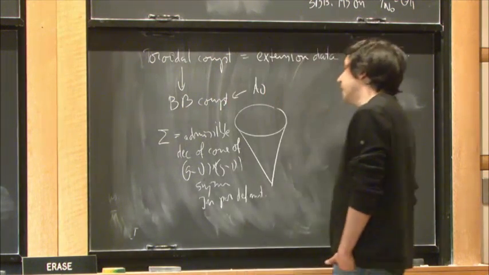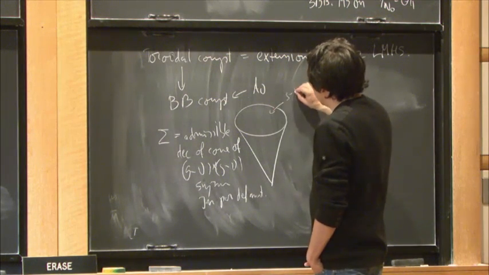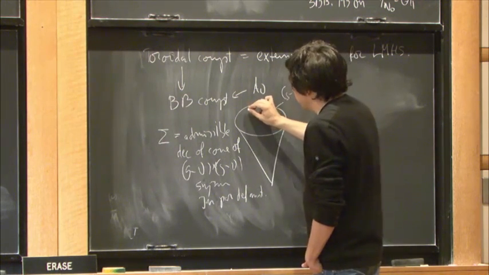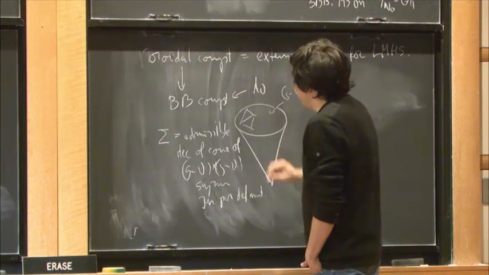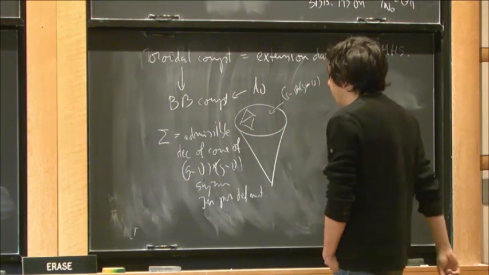So this is the standard setup. You have the cone, these are (g minus mu) times (g minus mu) matrices. This is the extension data in some sense, and you have a rational polyhedral decomposition sigma of this cone.